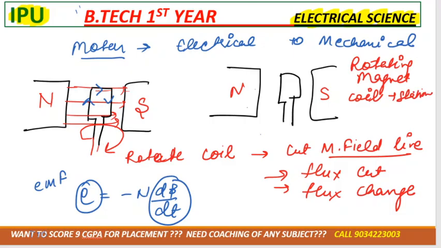Can we do this also? Here the coil is moving and the magnet is stationary, but here we are rotating the magnet and the coil is stationary. Now tell me, in this condition, if the magnet is rotating and the coil is stationary, then will EMF also be induced in the coil or wire, yes or no?